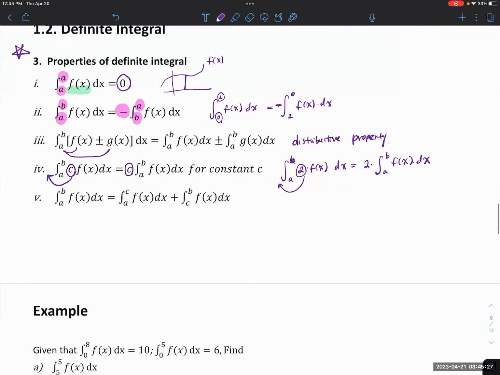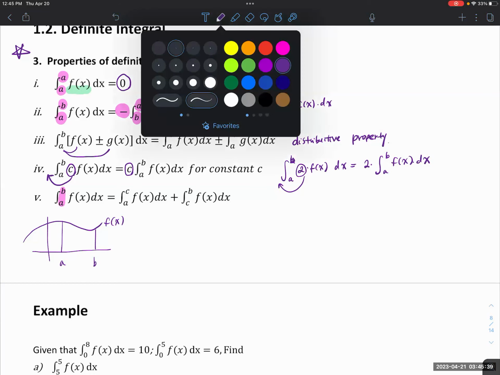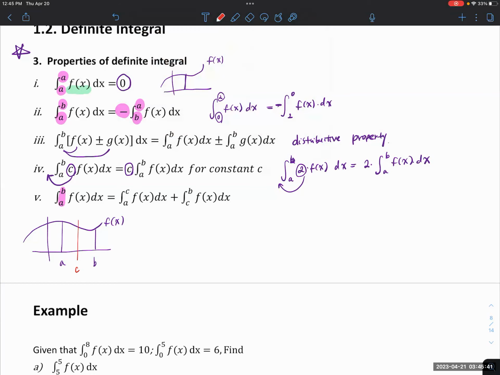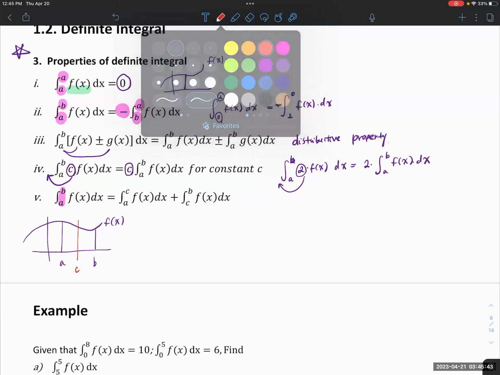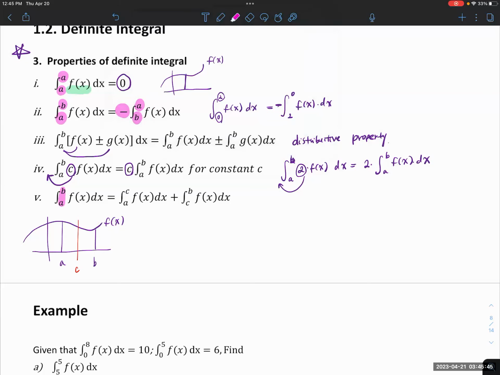They're equal. Last one, we have a to b. So let's say you have a function and you're looking for the area between a and b. Let's say you have another point C between them. The whole area that we're looking for, a to b, is the same as this little piece plus another little piece.